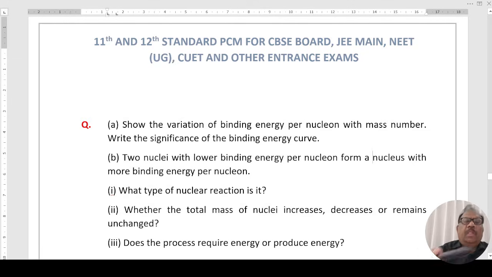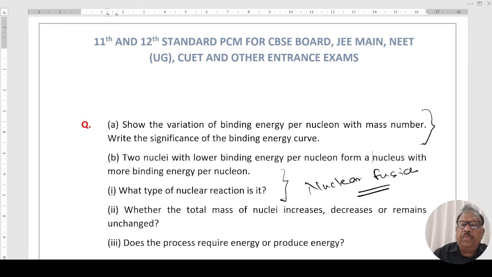Question is, show the variation of binding energy per nucleon with mass number. Write the significance of the binding energy curve. This is one part. B part: two nuclei with low binding energy per nucleon form a nucleus with higher binding energy per nucleon. What is the type of nuclear reaction? This is nuclear fusion.